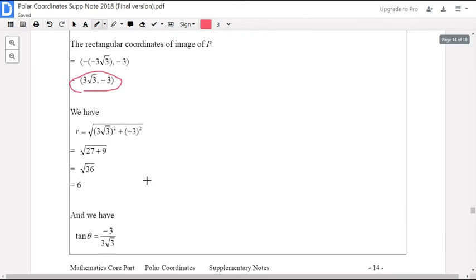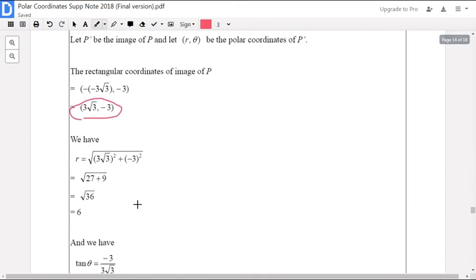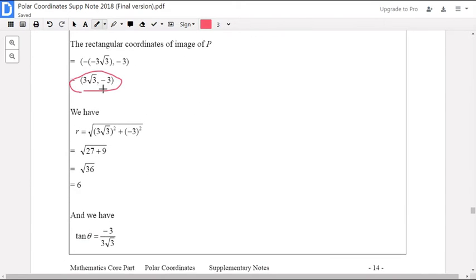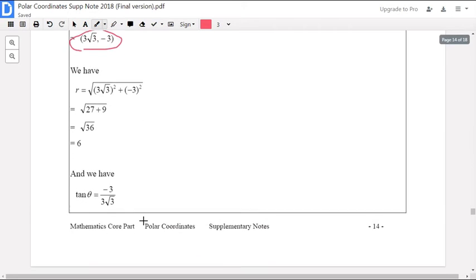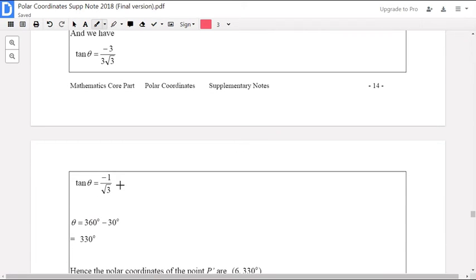And remember the formula to convert rectangular to polar. Tangent theta will be y over x, negative 3 divided by 3 root 3, which gives you negative 1 over root 3. So, forget about the minus sign. Pressing shift tangent of 1 over root 3, you have 30 degrees.